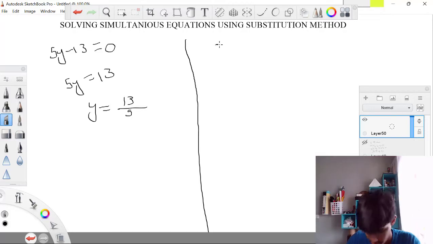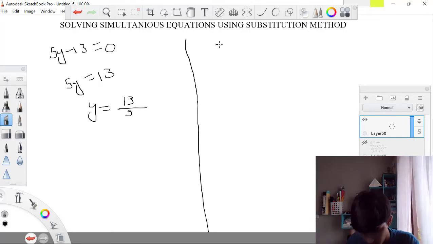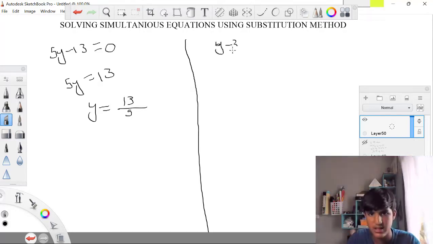And we have y minus 3 is equal to 0, y is equal to 3.